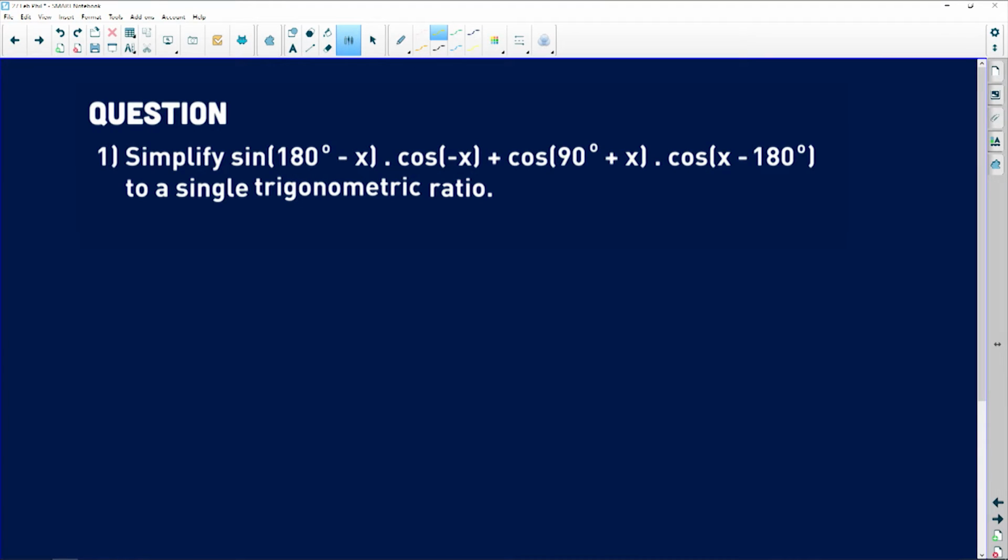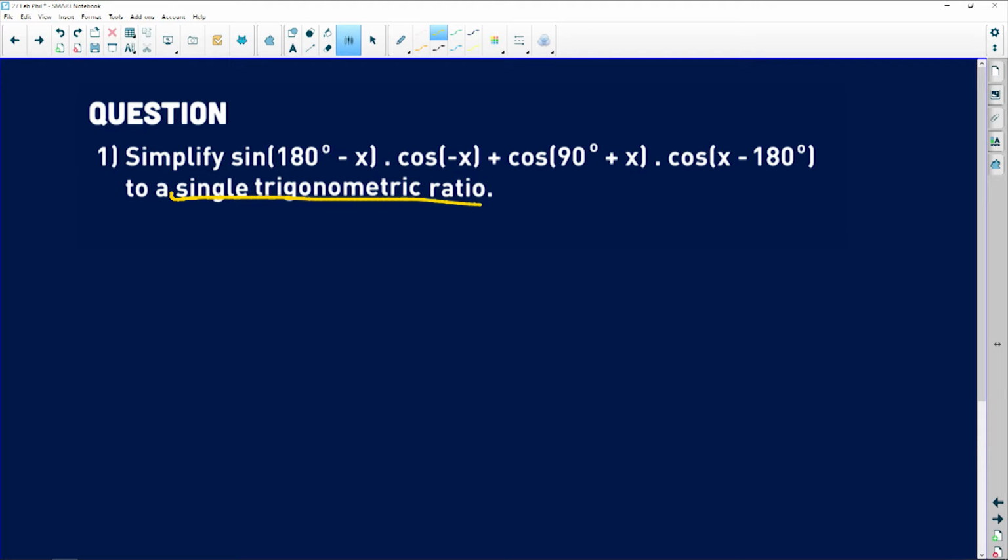The first question we're going to do: simplify sine of 180 degrees minus x multiplied by cos of negative x plus cos of 90 degrees plus x multiplied by cos of x minus 180 degrees to a single trigonometric ratio.